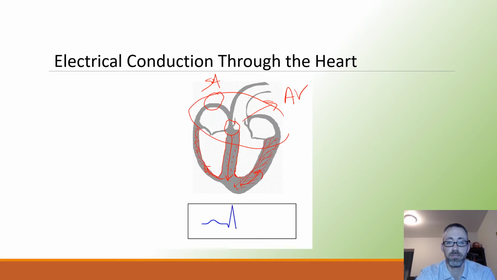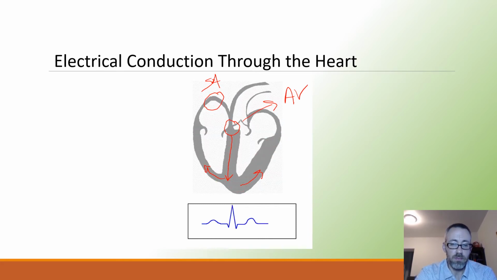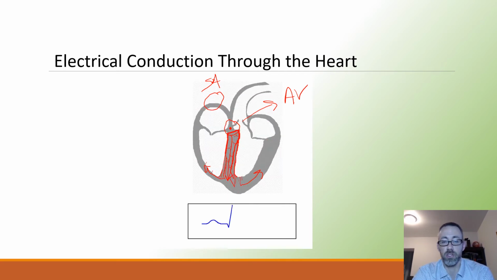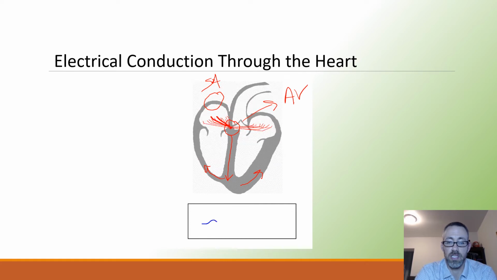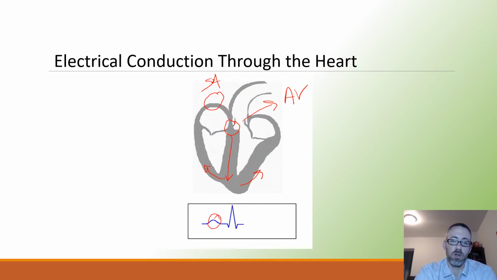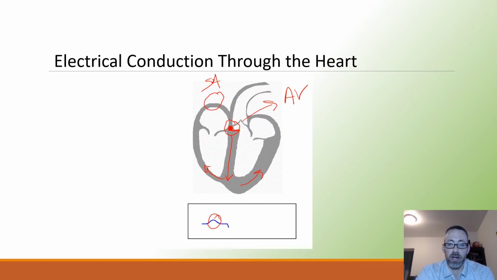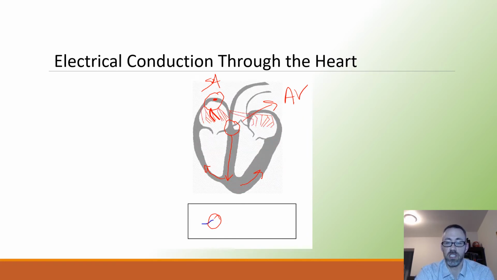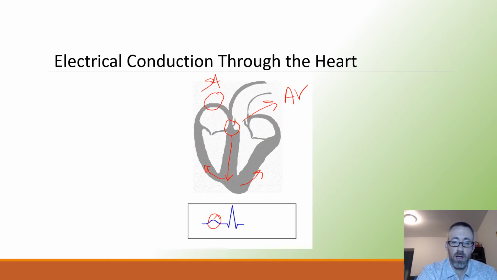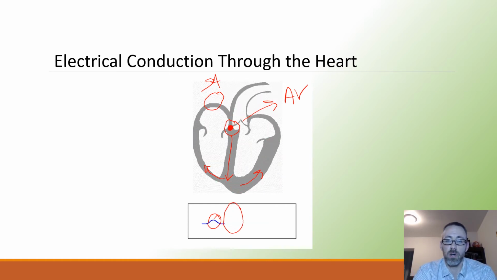Up here is the base. Okay. What you're seeing at the bottom below that is an EKG or ECG, which is how we record electrical activity in the heart and how it coincides. You see this little blip right here, which we refer to as a P wave, coincides with the firing of the SA node and depolarization of the atria. So the P wave represents atrial depolarization. Then you have the QRS, which we call this structure right here.